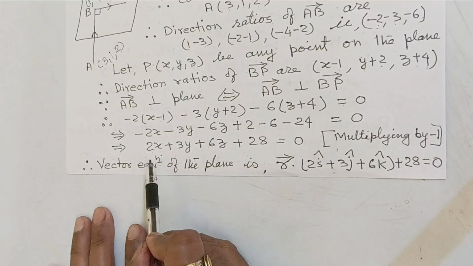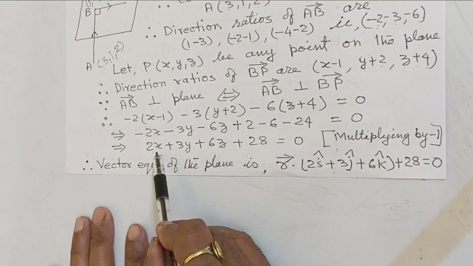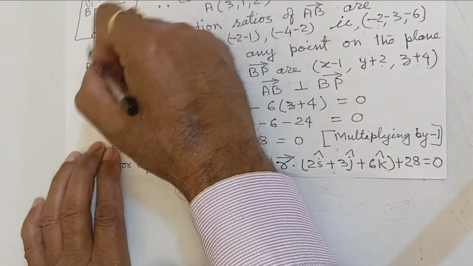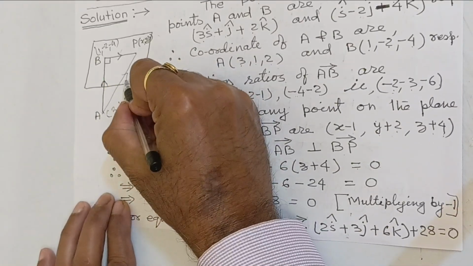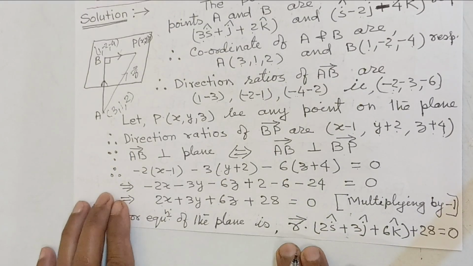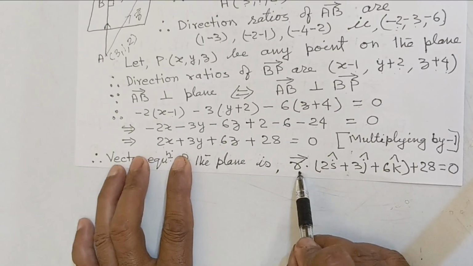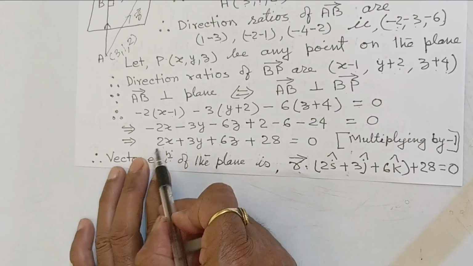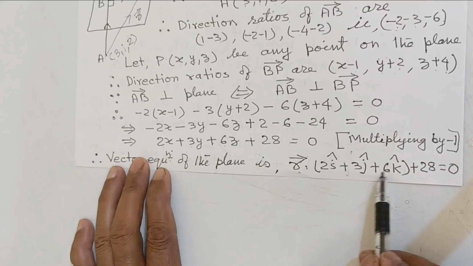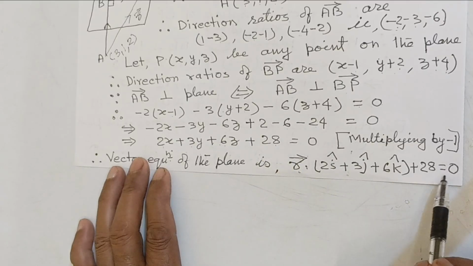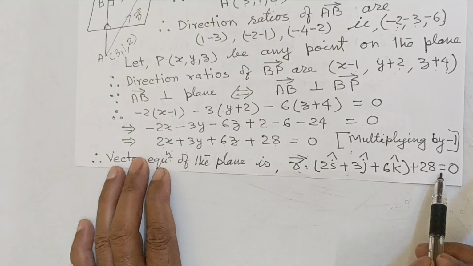The vector equation of the plane is: vector r, the position vector of P, equal to xi plus yj plus zk, so vector r dot (2i plus 3j plus 6k) plus 28 is equal to 0.